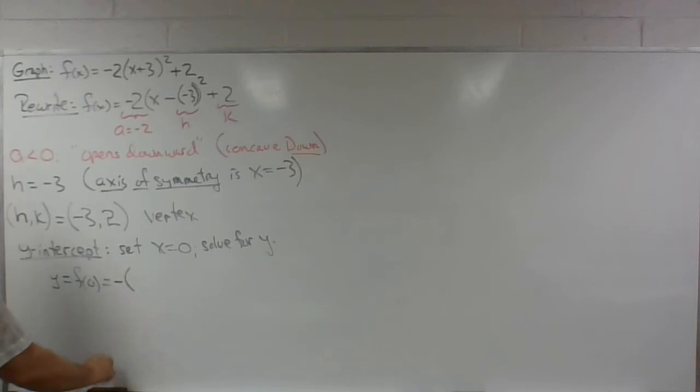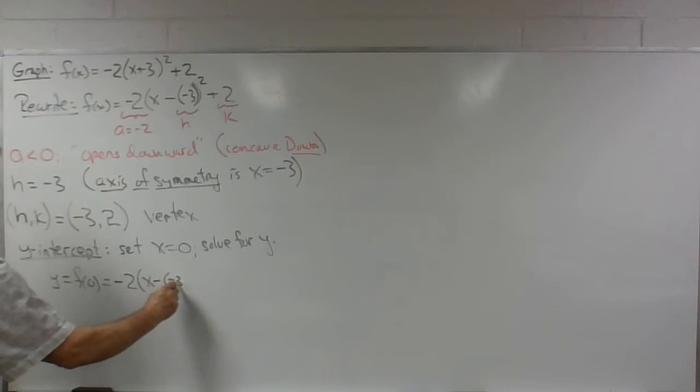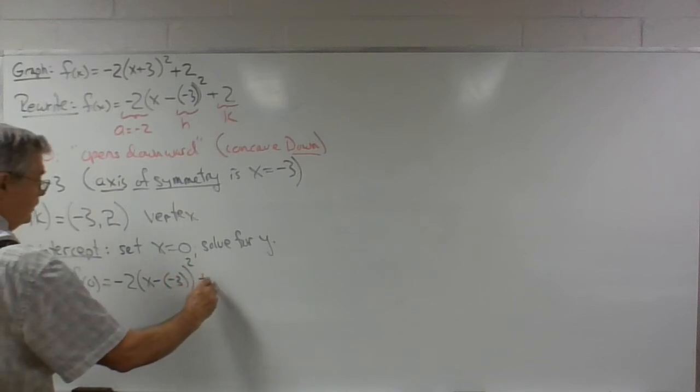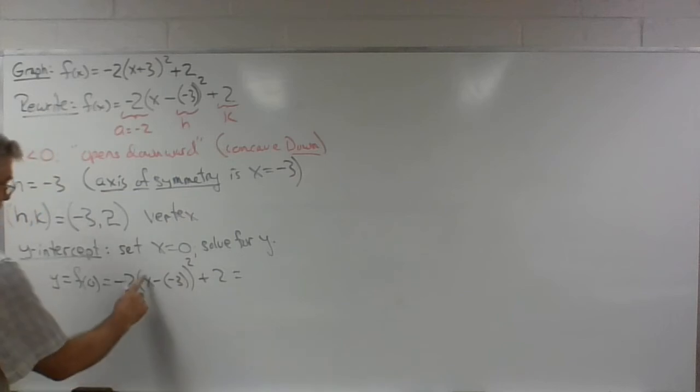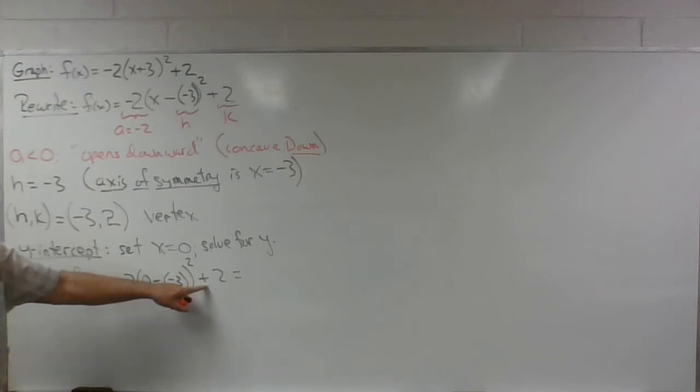Negative 2 times (x minus negative 3) squared plus 2, and x is 0, forgive me. So negative 2 times (0 minus negative 3) squared plus 2.